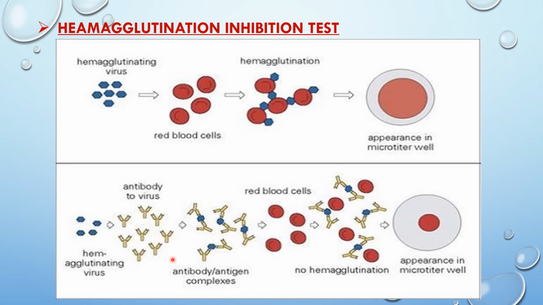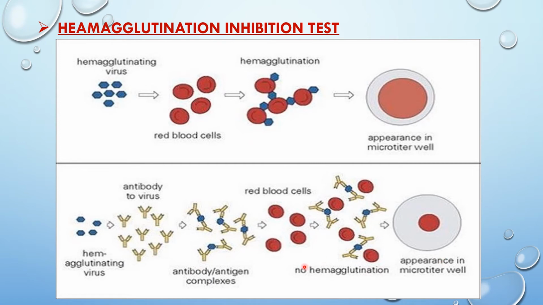So when we take this specimen, the serum sample of a patient which has antibody against hemagglutinating viruses, then antigen antibody complexes are formed. Subsequently, when we add RBC to this, there will be no clumping of RBC, as all these hemagglutinin spikes have already been occupied by the antibody against them.